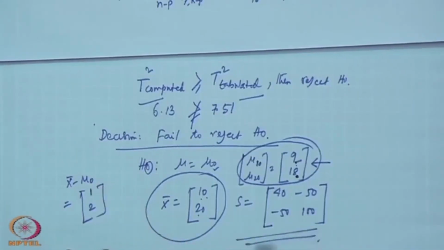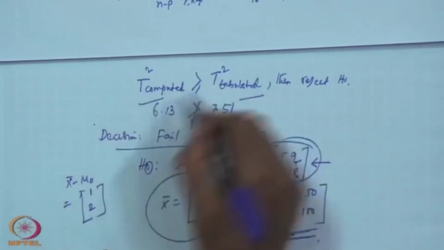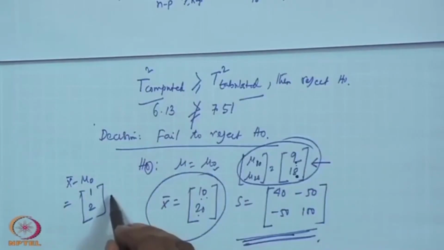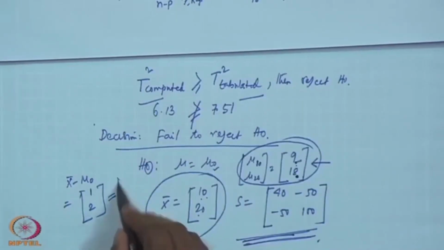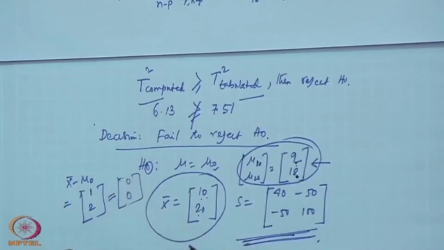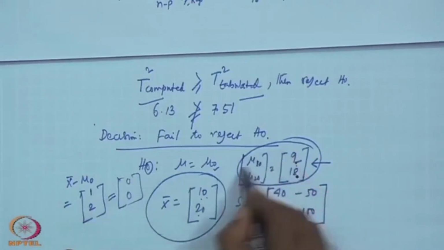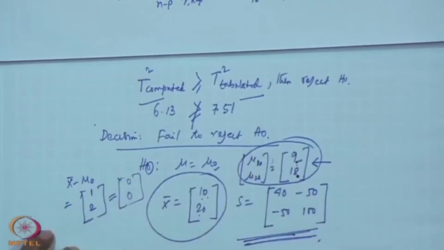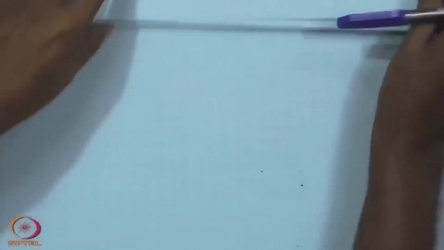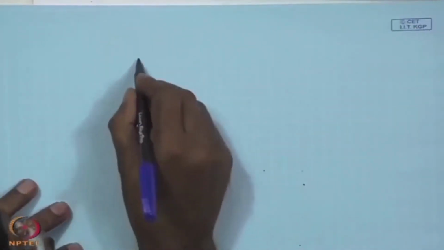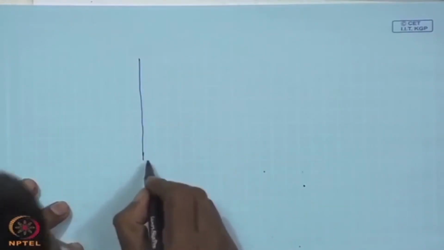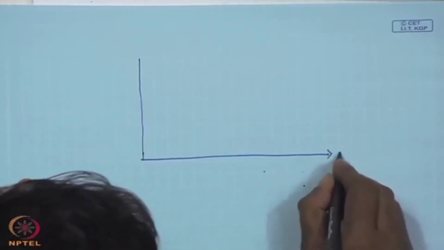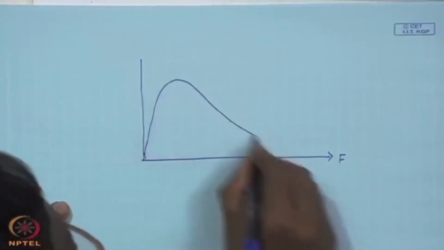The statistic is based on the sample covariance matrix. When you are computing like this, the difference is not much, it is similar to 0, 0. Getting me? That difference you have assumed, there is not much difference. Actually, what is required to know here is that we have taken the F distribution, this is the F value, this is your distribution.